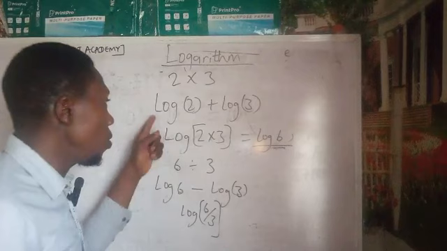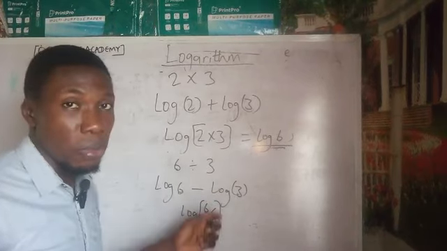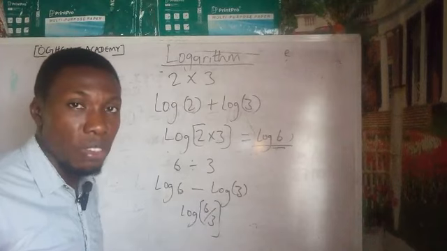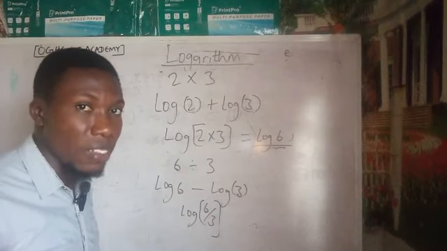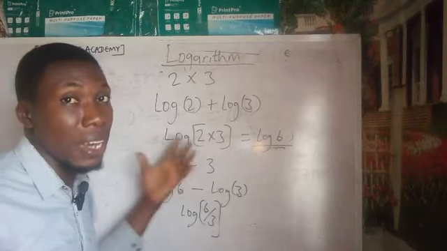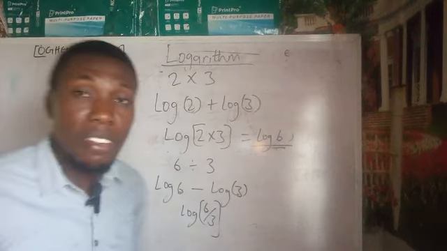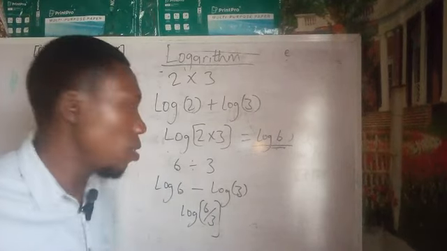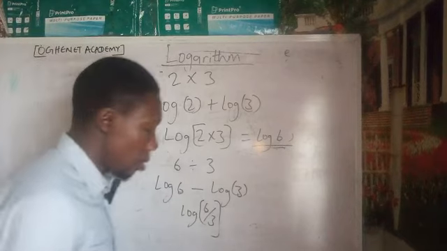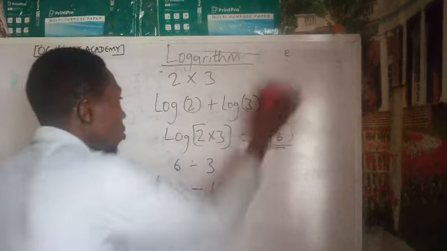Okay, so this is the addition rule and this is the subtraction rule. So these are the two major rules that the slide rule uses when it wants to perform multiplication by adding numbers. Okay, so you can see why the slide rule was a very important tool back then, because of these rules of logarithm.